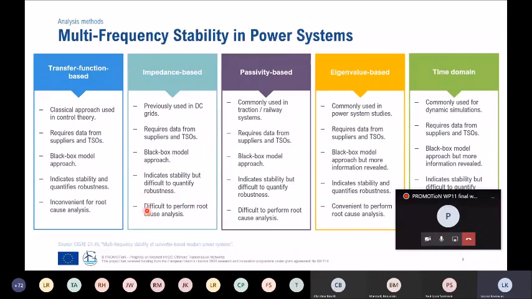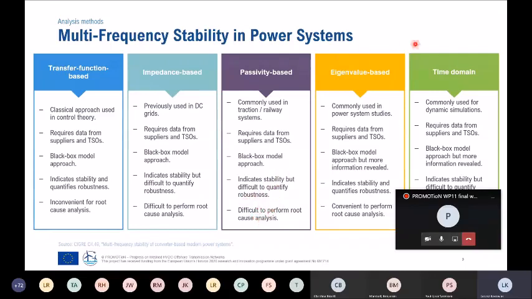And of course, it's not that useful for root cause analysis. Passivity-based, commonly used in traction railway systems, takes a very similar approach as impedance based, or it could be a branch of impedance based, where it is also difficult to quantify the robustness.